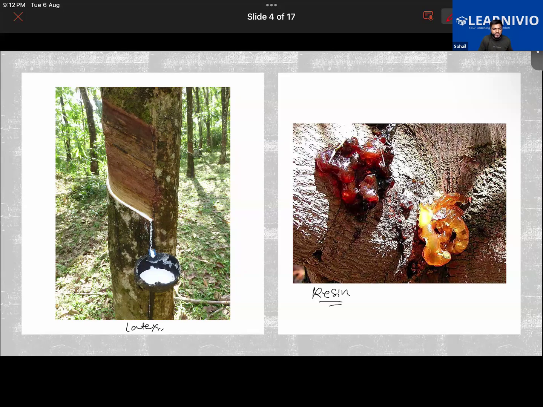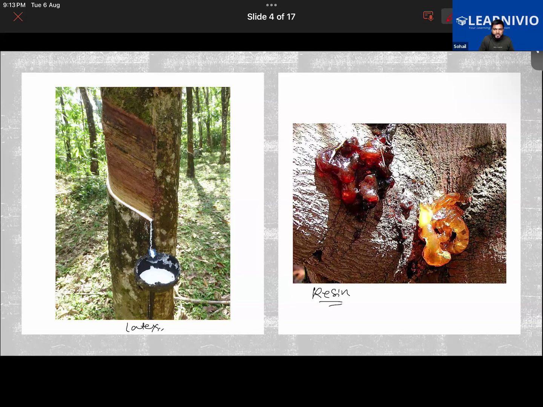In that manner also it is used. So one of the major uses of the resin coming out of the tree, this amber, was for making jewelry. Furthermore, earlier it was used as medicines. Getting it?